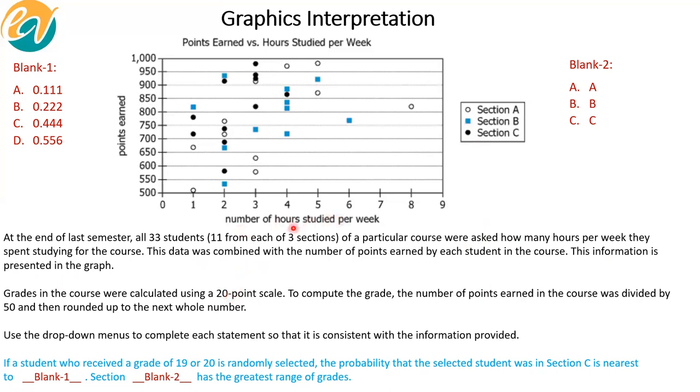So the x-axis is the number of hours studied per week for that particular course, and the y-axis is the points earned.